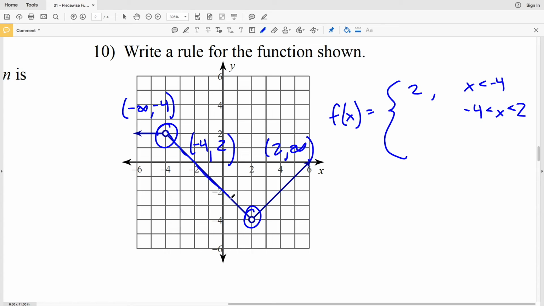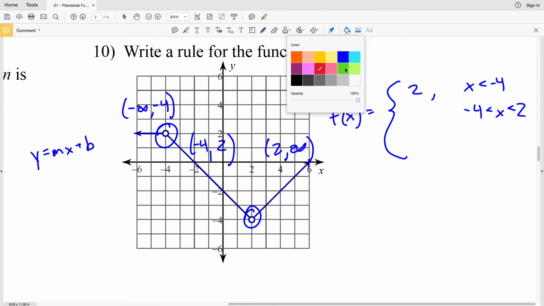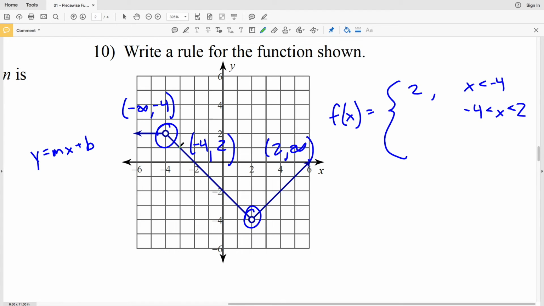we have this line. And luckily enough for us, it's a linear equation, so we'll write it in slope-intercept form. Remember, y equals mx plus b. Our m, our slope, is the rise over run. So going from one point to the next, we're going down 1 and over 1. So that's -1 over 1 for our slope m.